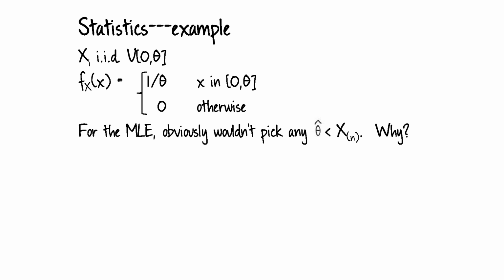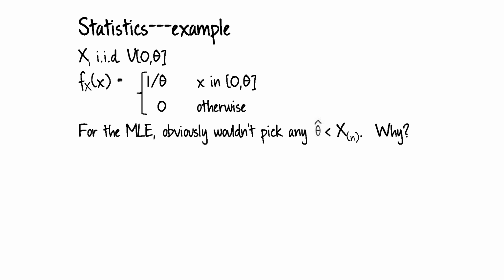Remember what I told you, I didn't show you obviously, but remember what the maximum likelihood estimator for this is? It's the nth order statistic. I just said it verbally, it wasn't on the slide, but in fact it's the nth order statistic.